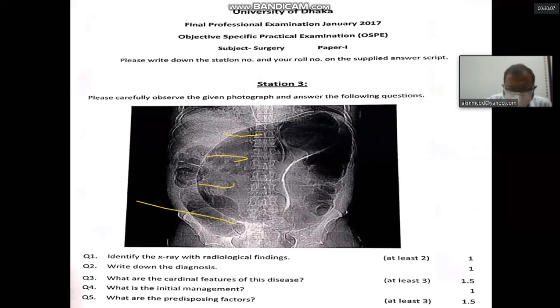Can you identify the X-ray with radiological findings? What is the name of this X-ray? Just read out the X-ray.